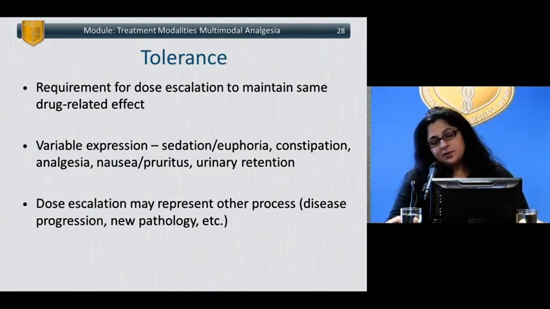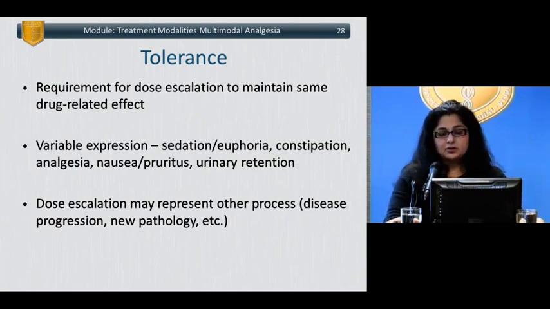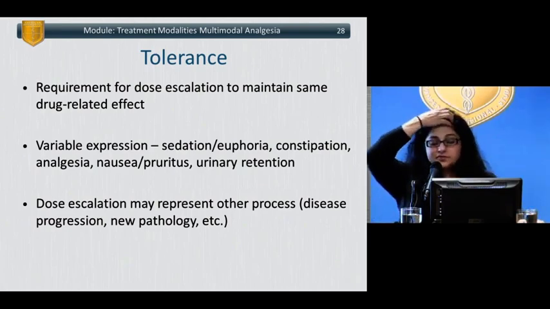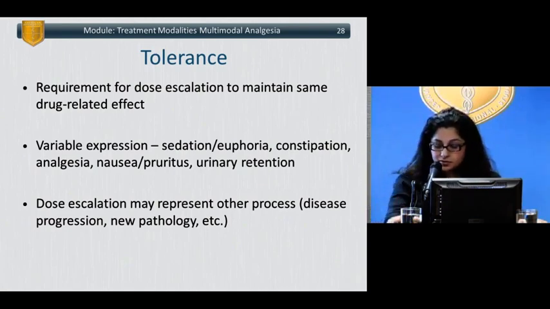There are certain phenomena that can occur in patients who are on chronic opioid therapy. One of those is opioid tolerance. Basically, opioid tolerance means requiring escalating doses to maintain the same drug effect. Really what's occurring is there's a shift to the right of the dose response curve. You need more medication to get the same effect.